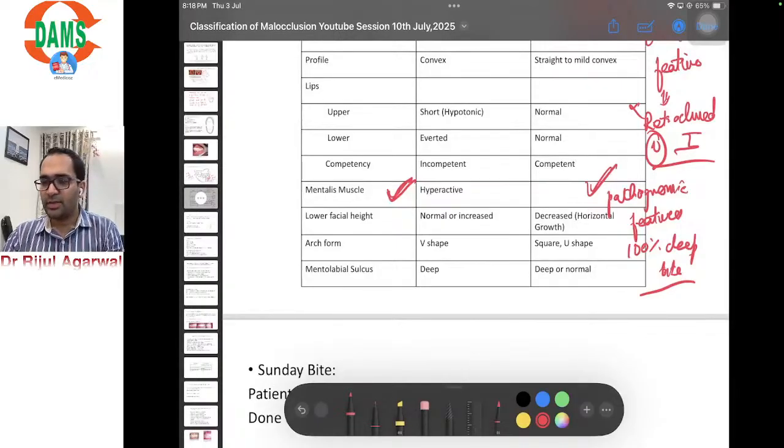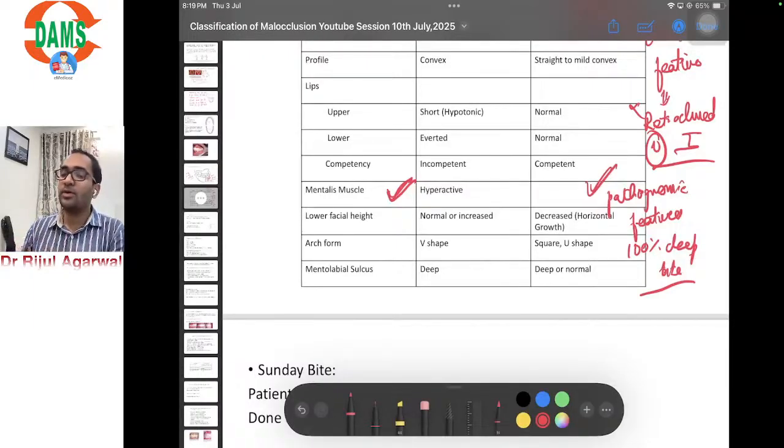Okay, I hope it's clear. Lip trap. Correct. The lip becomes trapped behind the proclined upper incisors. But lip trap is more of a habitual position. It's not always a feature. That's why I haven't mentioned it here. Lip trap is somewhat habitual, where the lip becomes entrapped, and that happens when the incisors are too proclined and the overjet is increased too much.